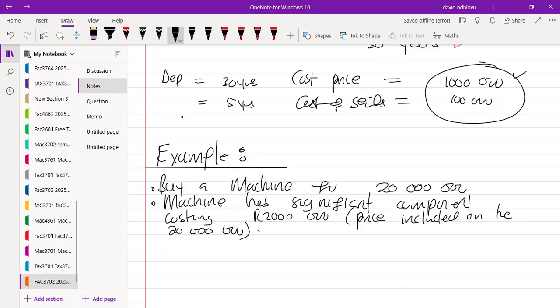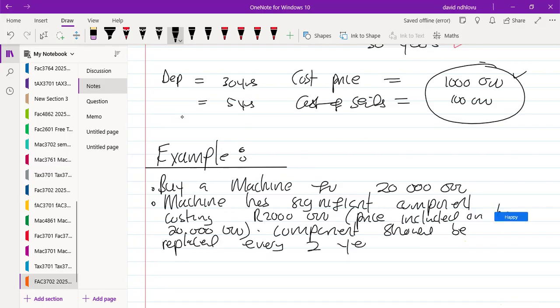Then let's say this component should be replaced every 2 years. Every 2 years we should replace the component. The purchase date is 1 January of the year 2024.